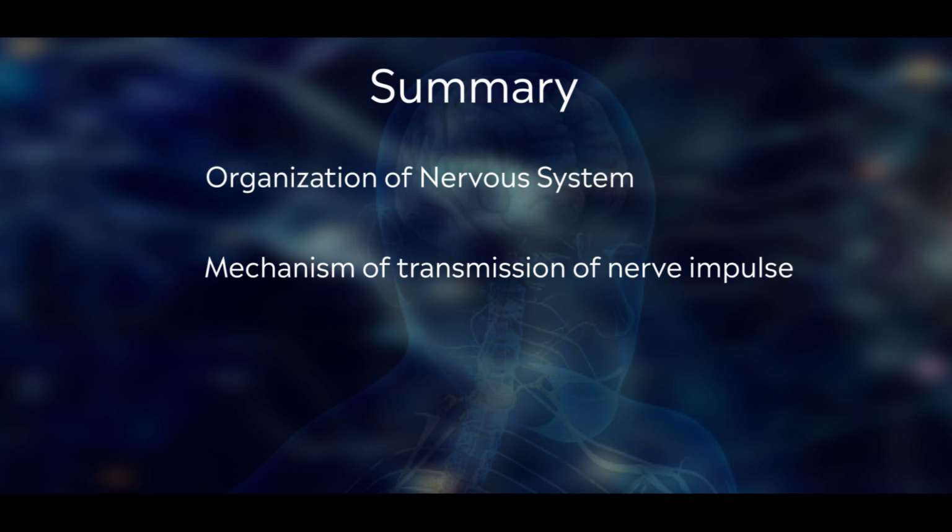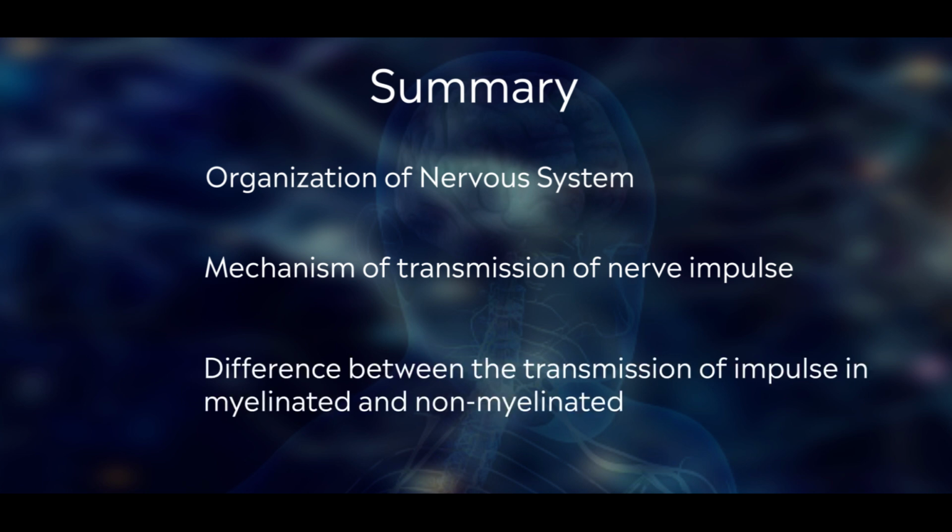Then we talked about the difference between the conduction of impulse through a myelinated nerve fiber and non-myelinated nerve fiber. Now, I have a few questions for you which you can explore further. Finally, we have some takeaway questions for you.